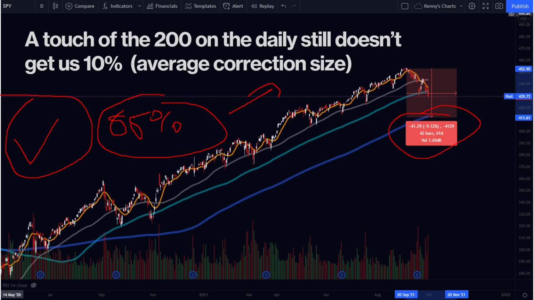If history repeats itself, then an 85% move should be a far more volatile move than 10%. Obviously, any more than 10% is crash territory, so that's disturbing for most folks. But I would expect something a little bit more than 10%, or a little bit of a slip.